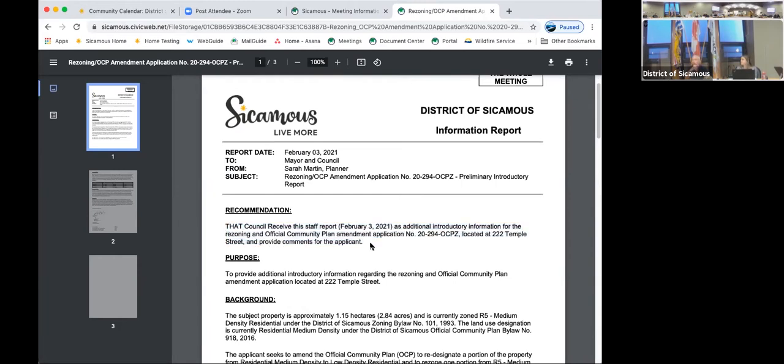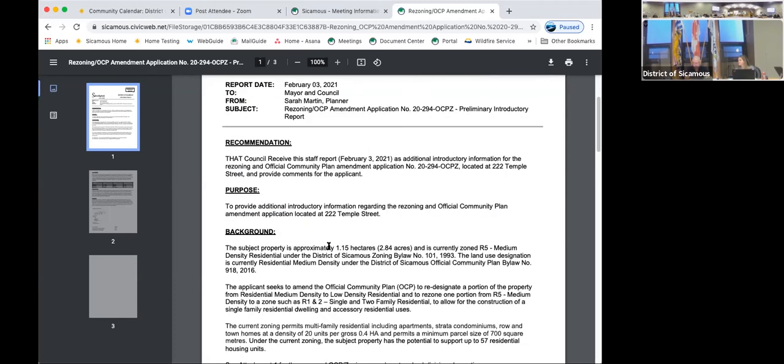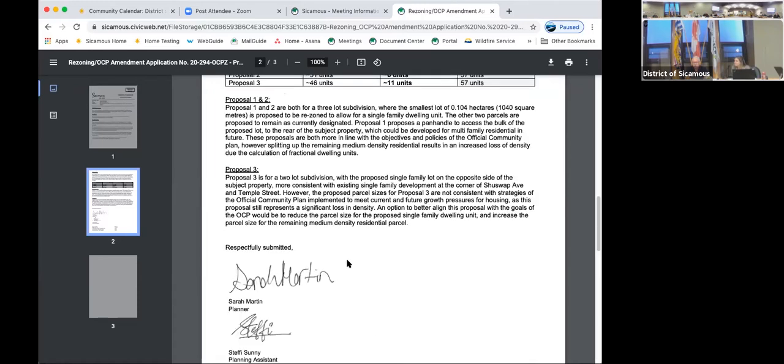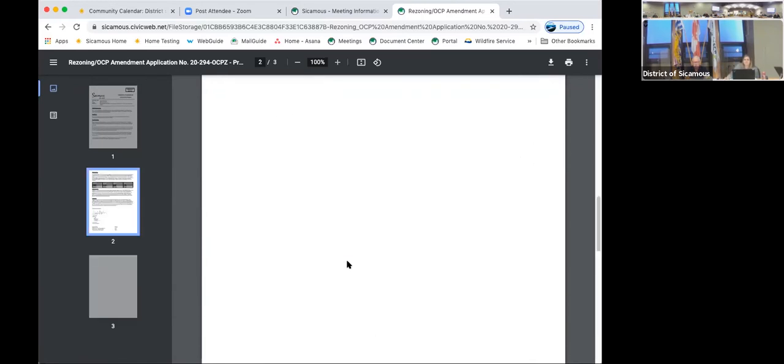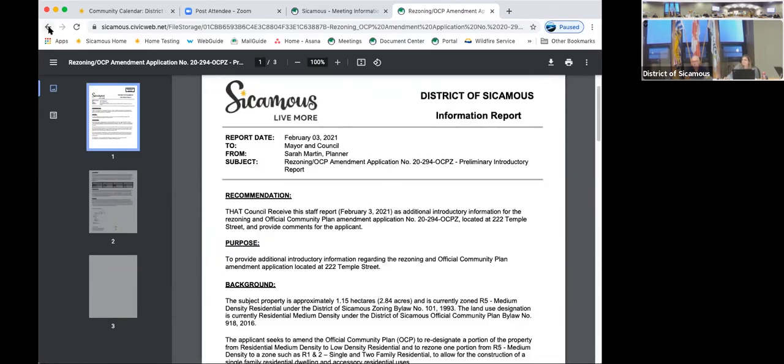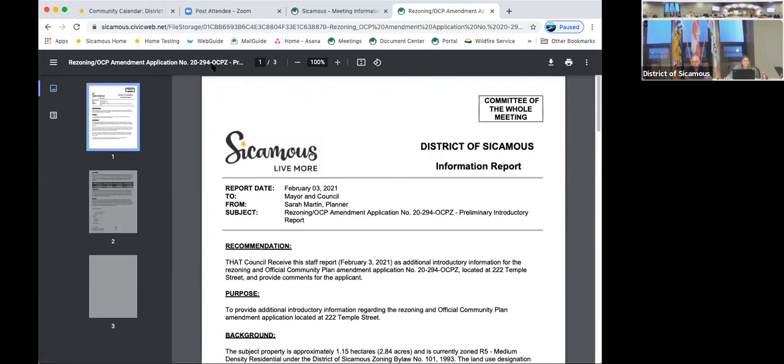So I need a mover on this. Terry, you don't need a number. It's just an informational report. And also the second one, council receives the staff report February 3rd, 2021 as additional introductory information for rezoning official plan amendment application 20-294 OCP located at 222 Temple Street, to provide comments for the applicant. All right. We're good? Okay, thanks, sir.